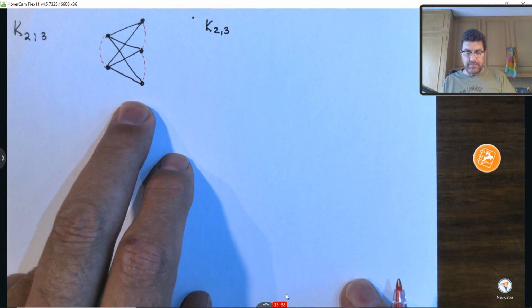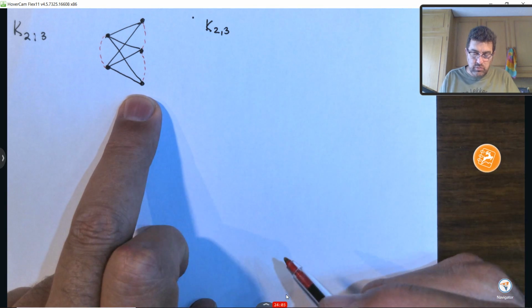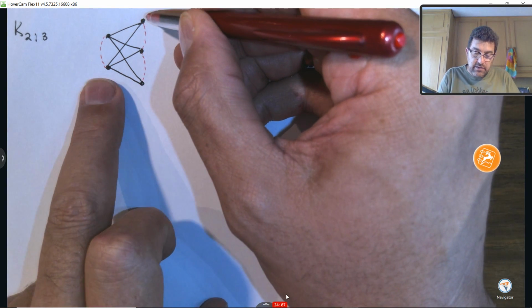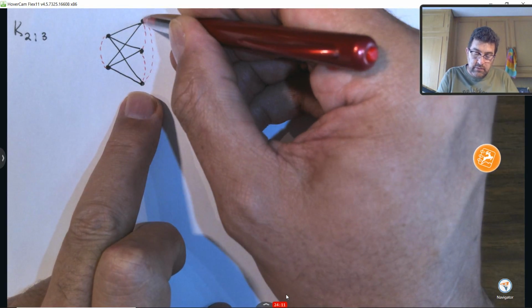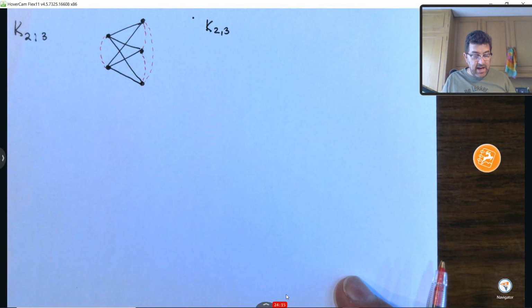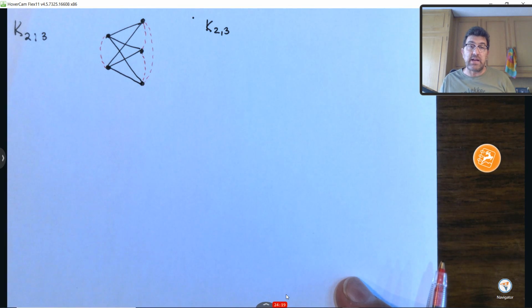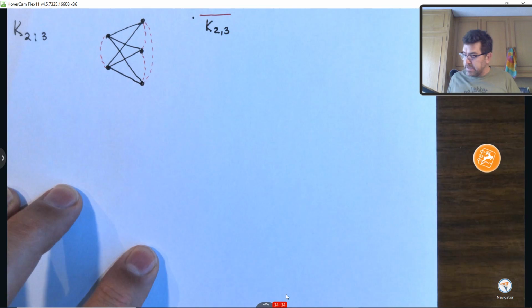We agree? But there's one adjacency line that we did not work with, and that is the adjacency line that joins this vertex with that vertex. Okay, so we have the complement of this 2 by 3 graph looking like that, the red part. And we write it with a line at the top.